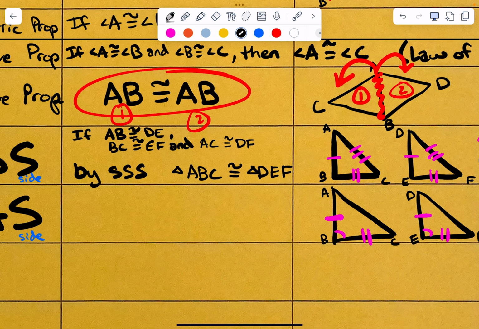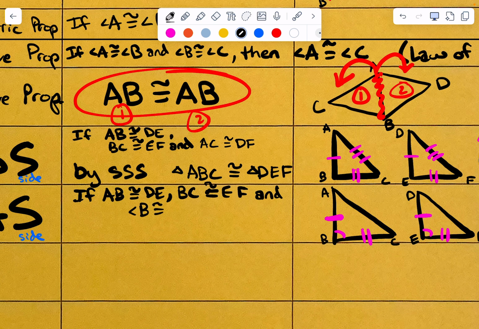If AB is congruent to DE, let's say BC is congruent to EF, and what else?